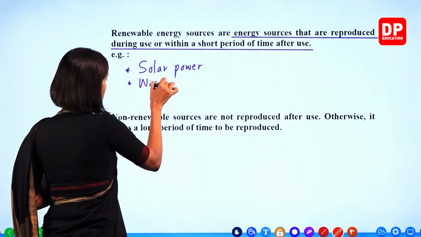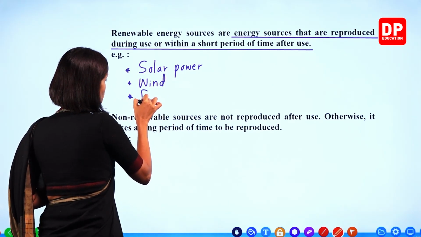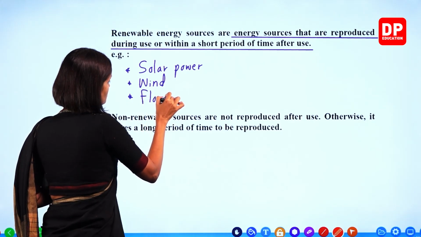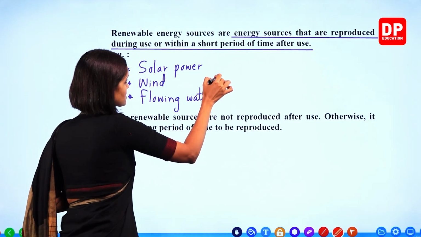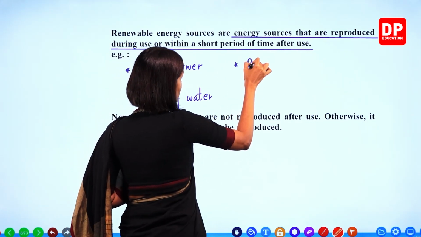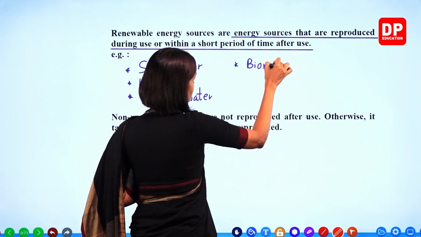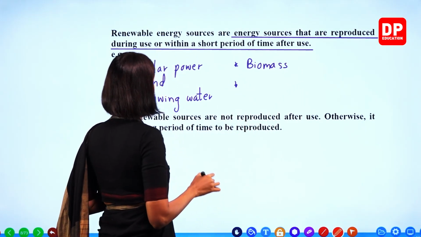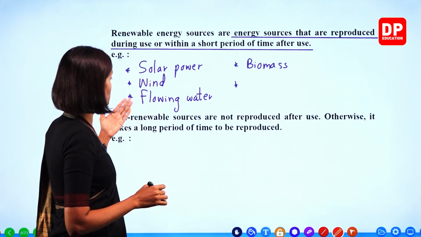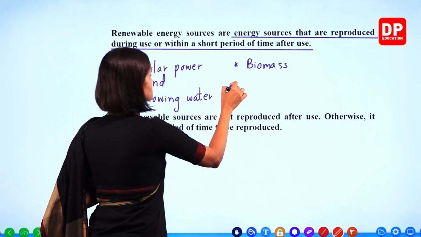Wind. Flowing water. What else? Biomass. Right? Solar power, wind, flowing water, biomass.